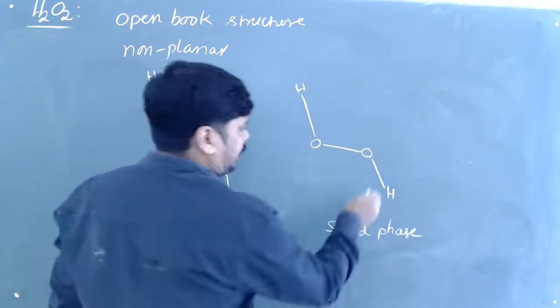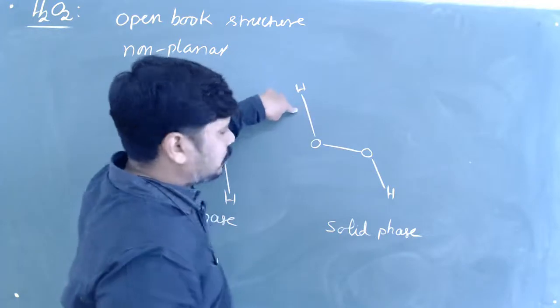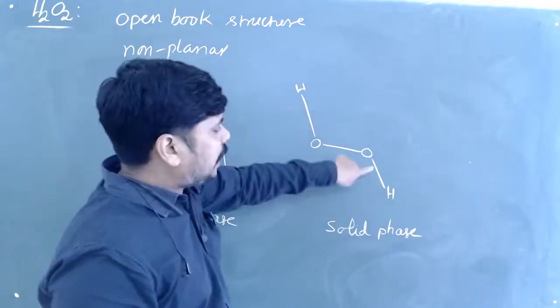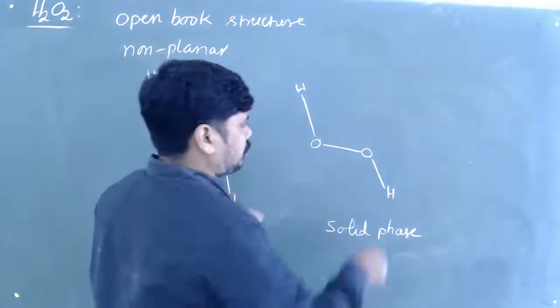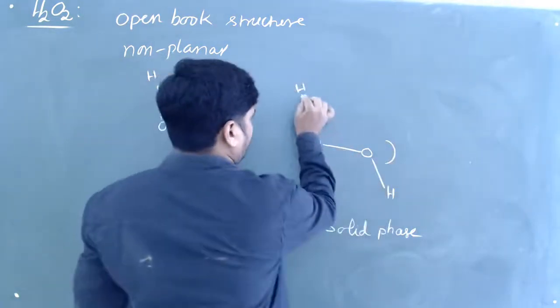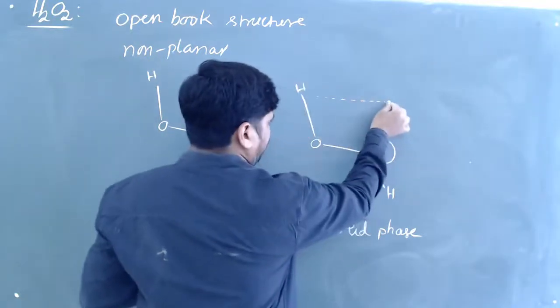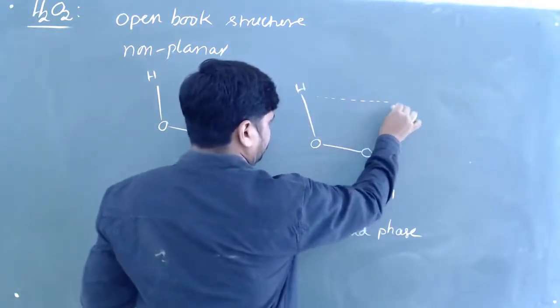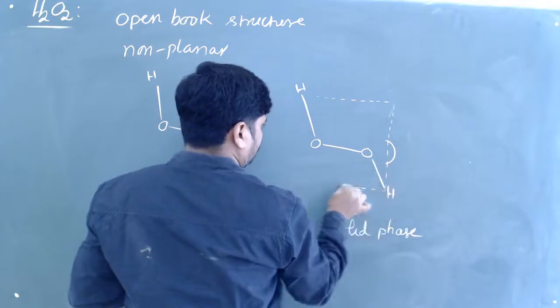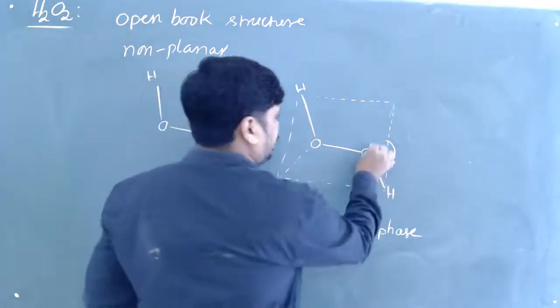When you take the dihedral angle, that is the angle between hydrogen and hydrogen. For example, if you take this as a book, I can make it like this.